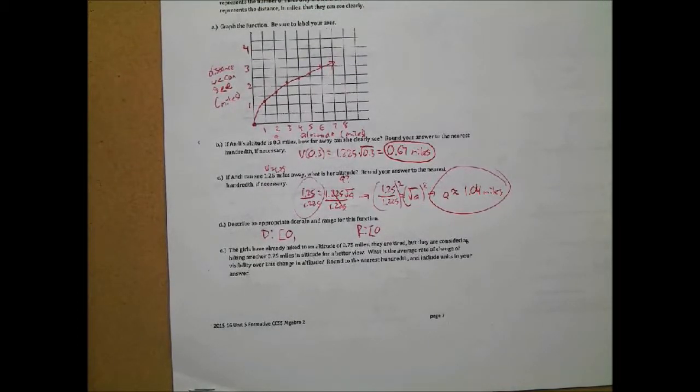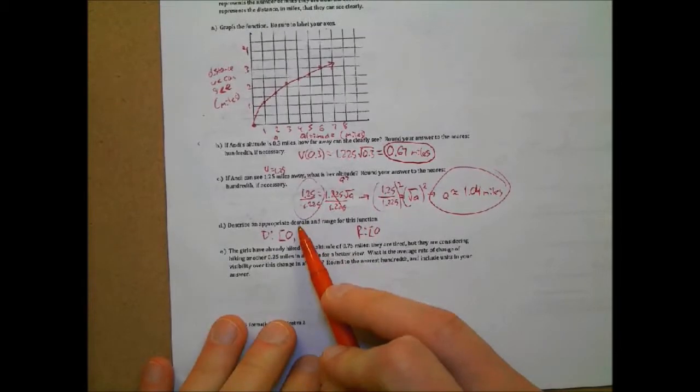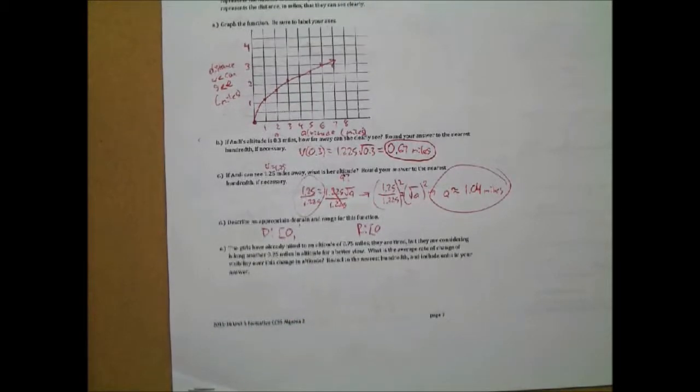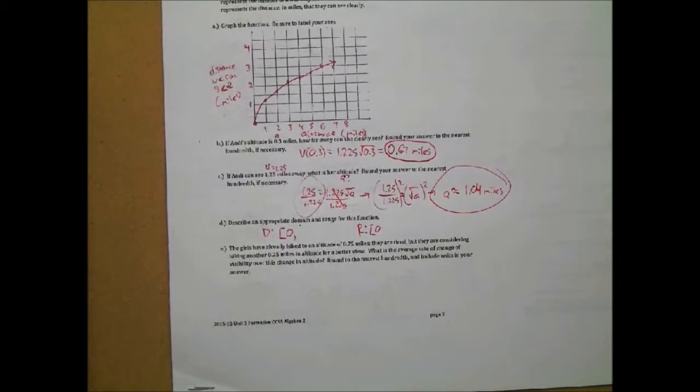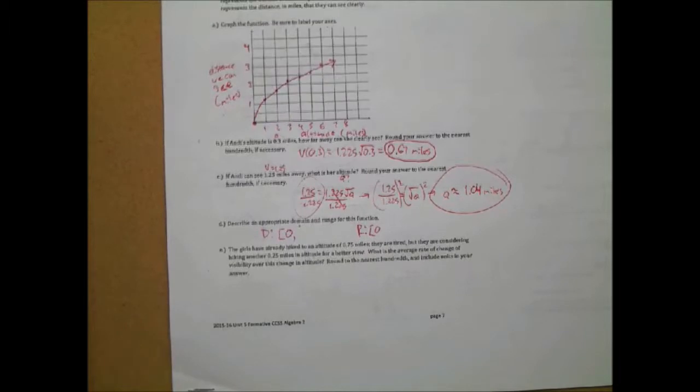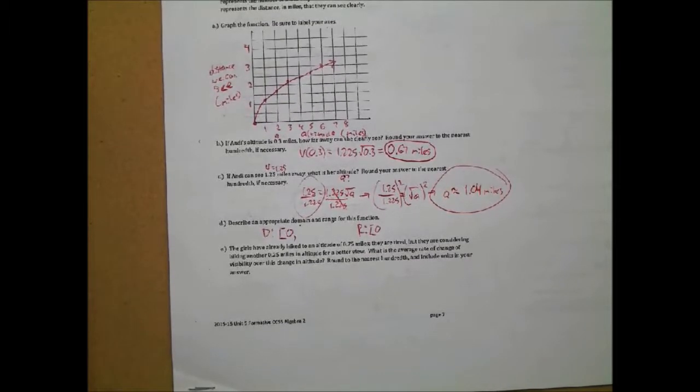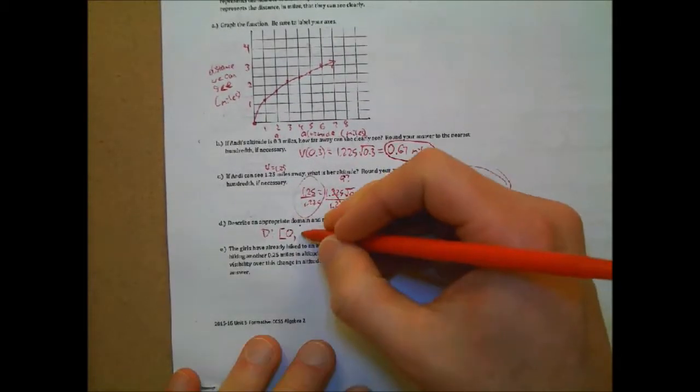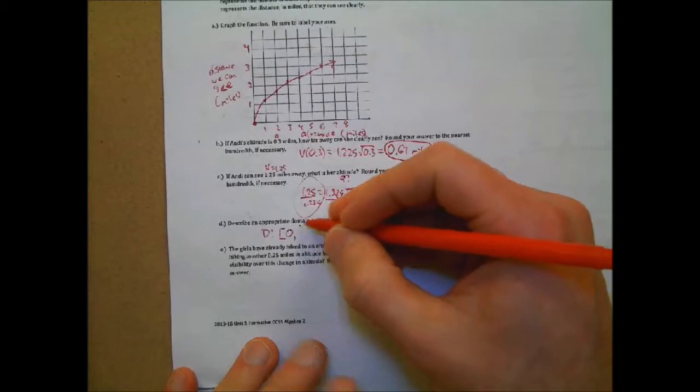Now, as far as the upper limit for the domain, this is where it gets tricky. Technically, we could just keep going up and up, but eventually we're going to leave the Earth if we keep going up. Realistically, I think it's safe to say there is a limit. If you want to say infinity, you really could. I'm going to say something like 10.